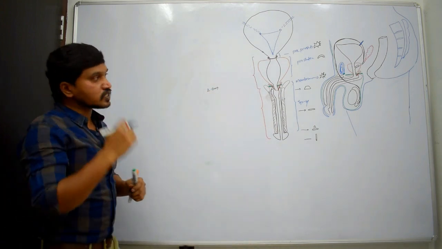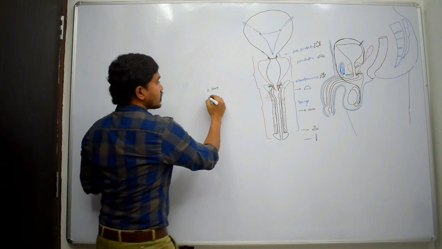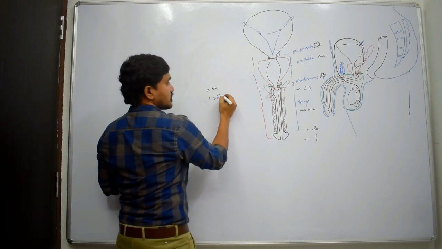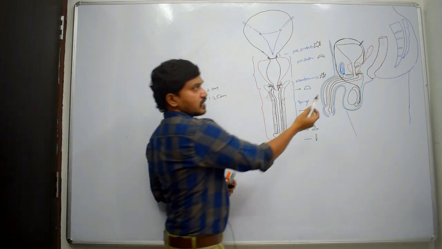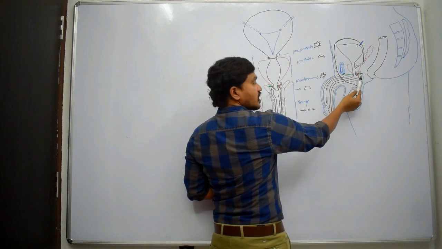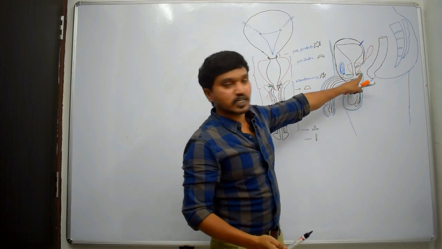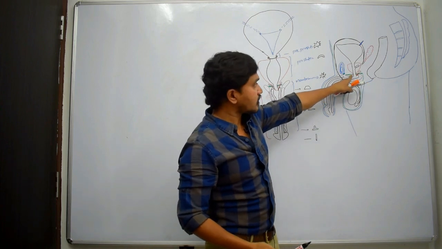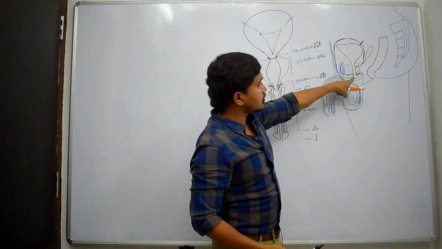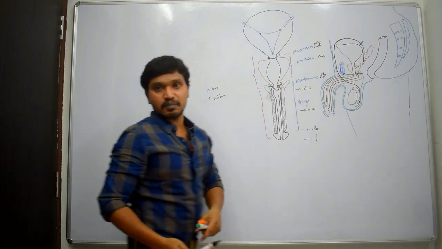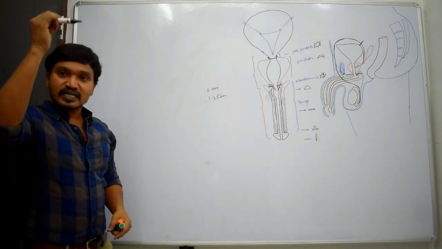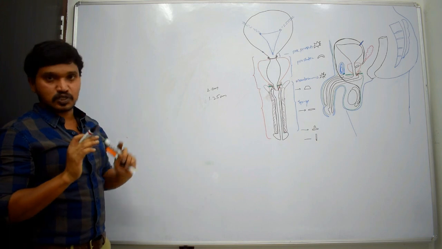Then the posterior wall of membranous urethra is only 1.25 centimeters. Why? See here, bulb of the urethra attaches to the perineal membrane very closely in the posterior part, but in the anterior part there is some gap in between the bulb and perineal membrane. That's why anterior wall is longer than the posterior wall.